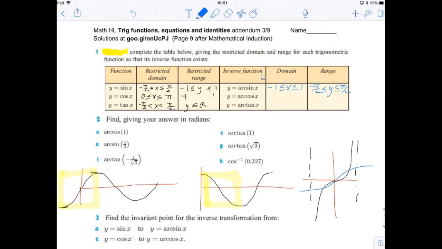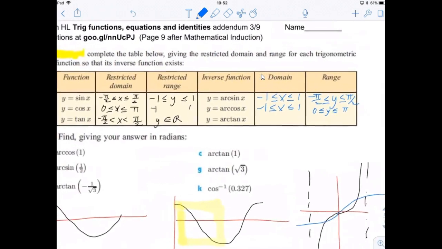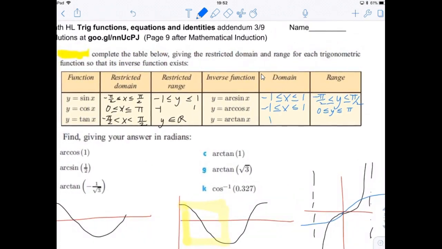And then for arc cosine, the x value would be the same as for arcsine, and then the range value would be between 0 and pi, with less than or equal to. And then finally the tangent values: x is all real numbers for the domain, and then the range would be negative pi over 2 to pi over 2. But in this case, we are going to put less than signs only.